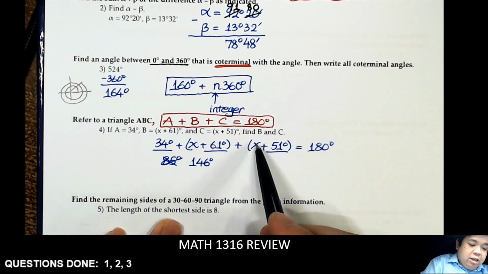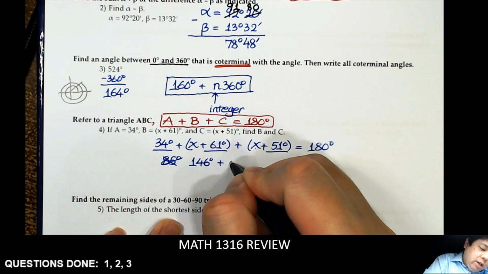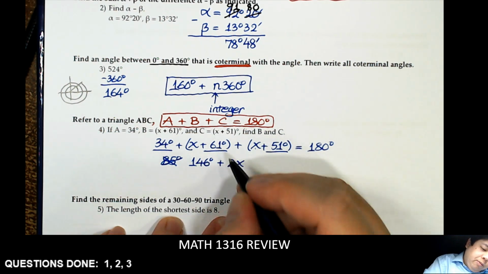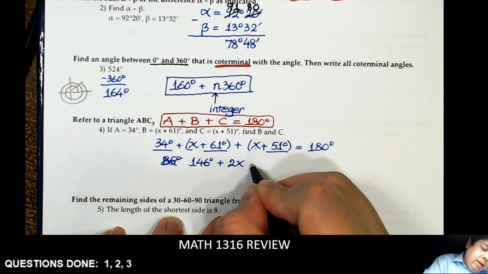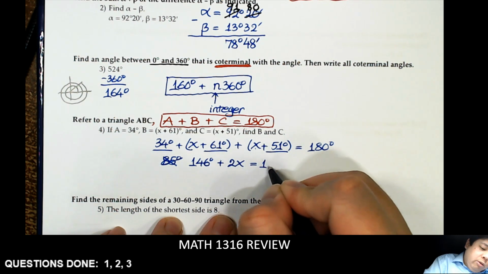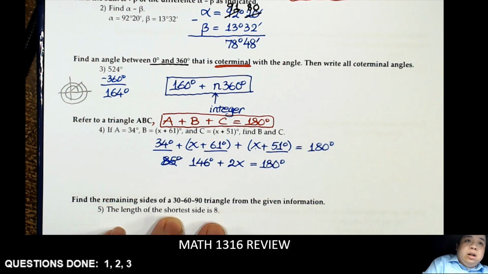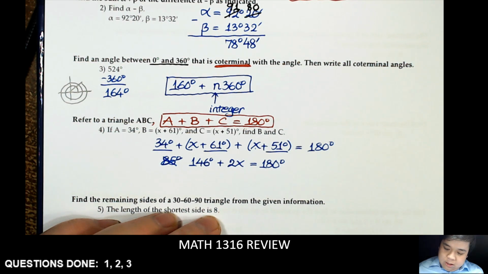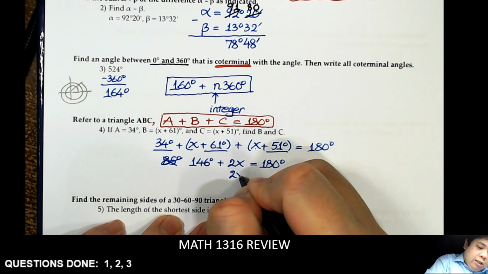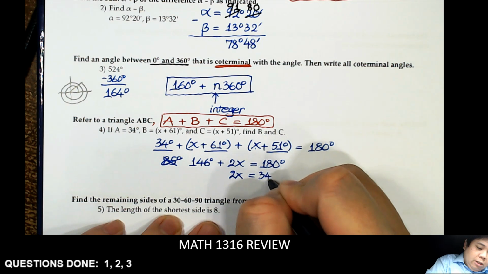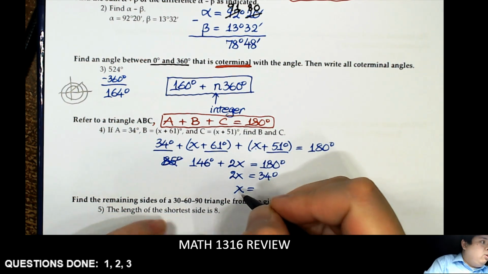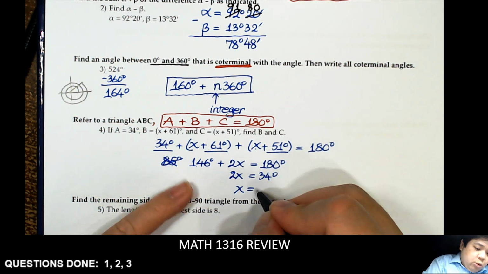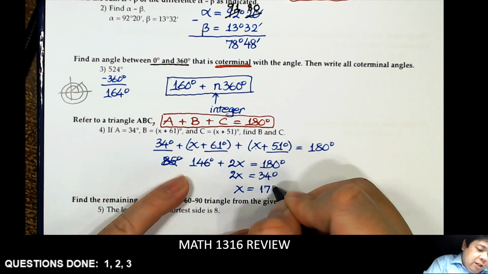We have one x and another x, so that is 2x, equal to 180 degrees. Subtract 146, and we have 34 degrees. So x equals 34 degrees divided by 2, which is 17.